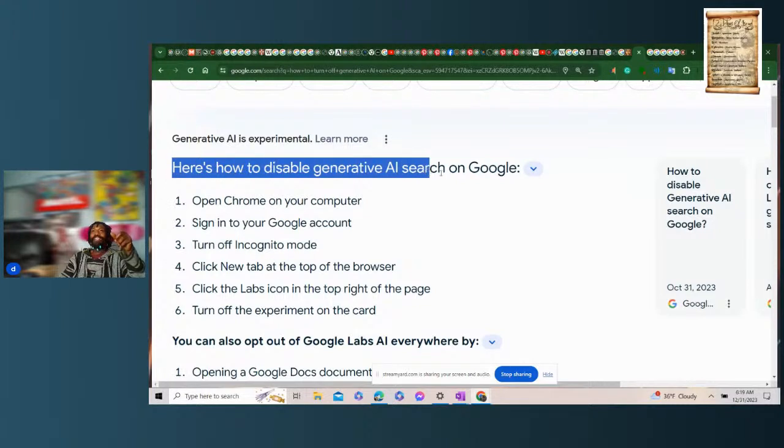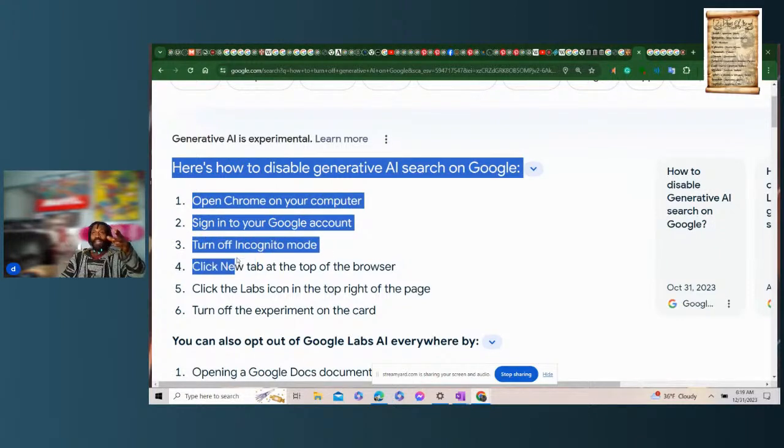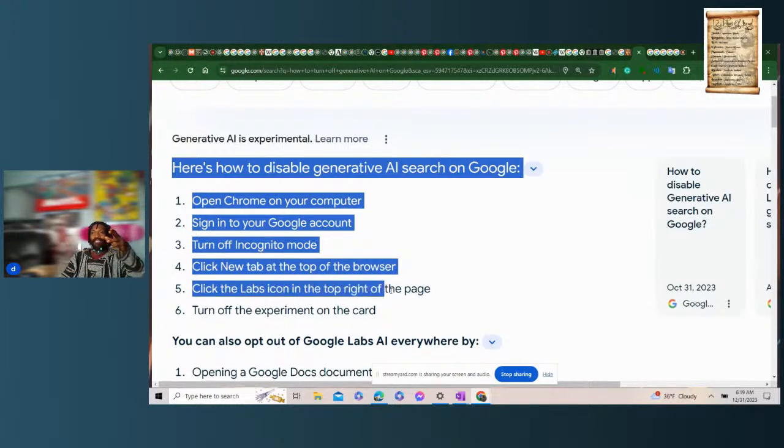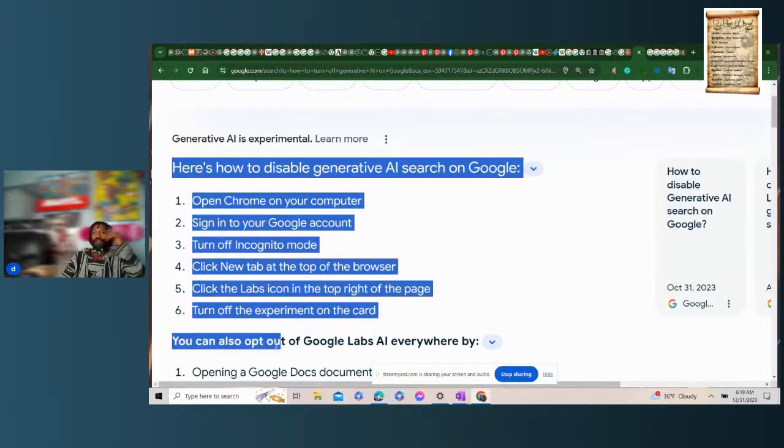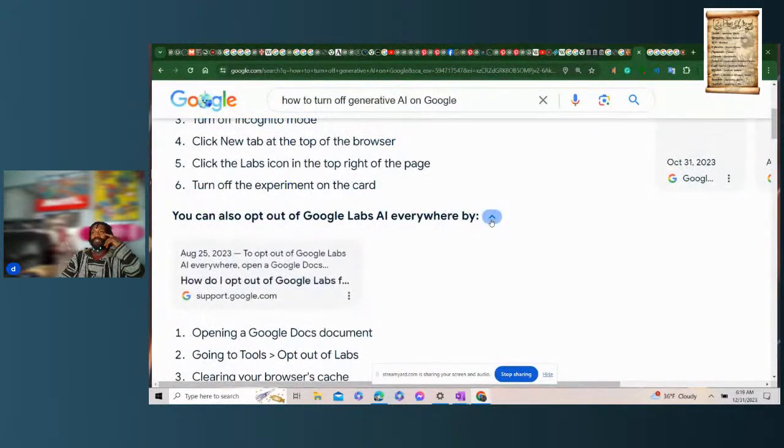Here's how to disable generative AI on Google. Open Chrome on your computer. Go into your Google account. Turn off incognito mode. Click new tab at the top of the browser. Click the Labs icon in the top right of the page. Turn off the experiment on the card. You can also opt out of Google Labs AI everywhere by, yo, let's do that. I thought, yo, that's extra whack.